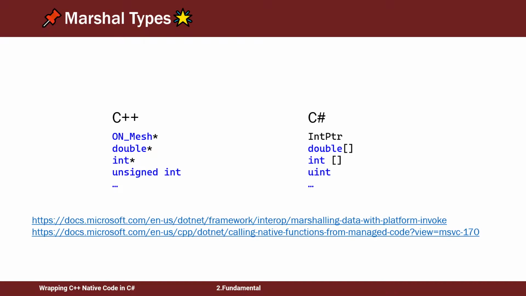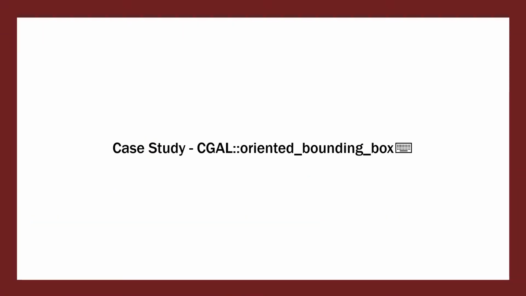The array of floating point numbers in C++ is written as D star. It's the pointer of a double array. When converted to C#, it is the double array, like the form in here, etc. For the full marshalling conversion types, I enclose the links in the description of this video. Now you have everything to get started.